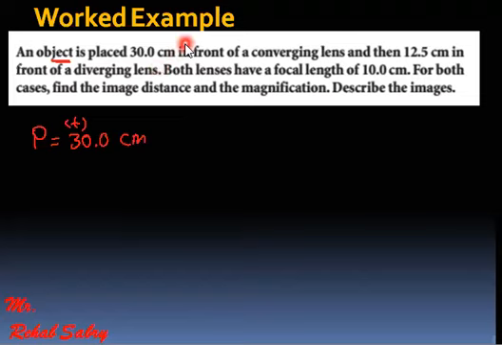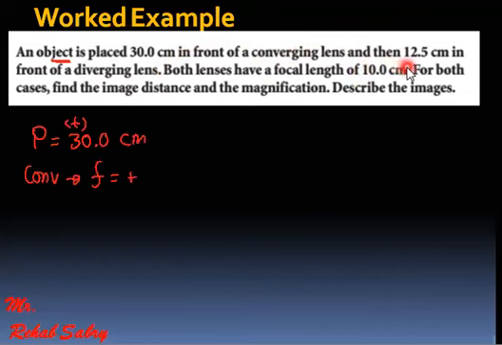In front of the converging lens. Converging lens means the focal distance should be positive, okay? Well, positive what? We will know later.